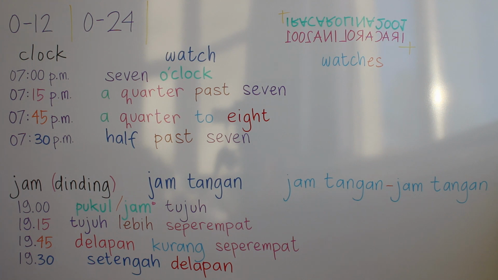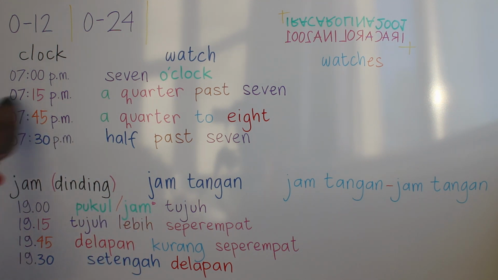Jam itself is a formal word, but in this case, if we use it replacing pukul, it becomes a slang or informal version, even though jam is a formal word elsewhere. Jam 7.